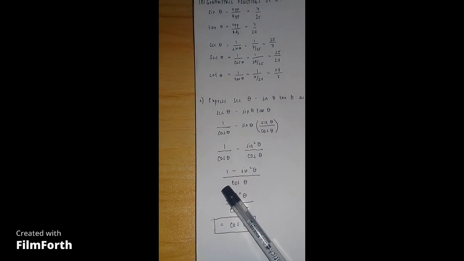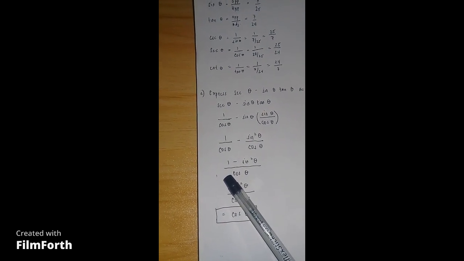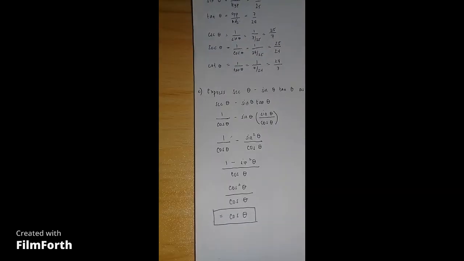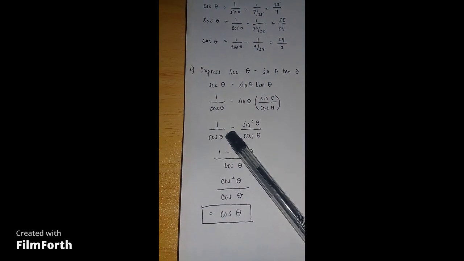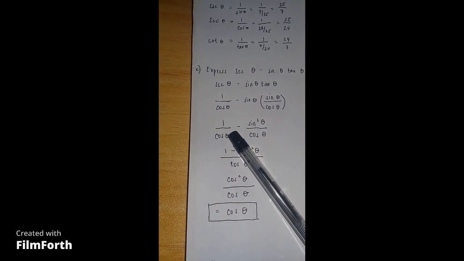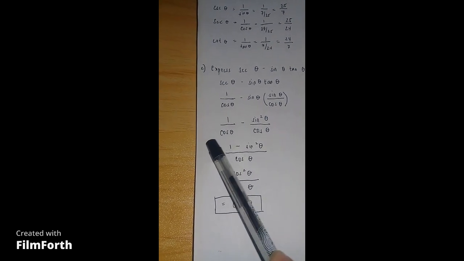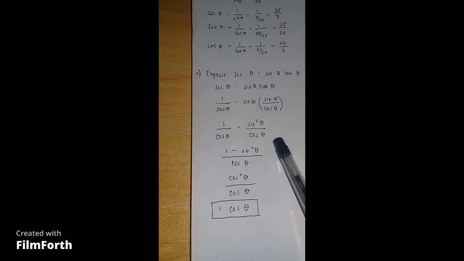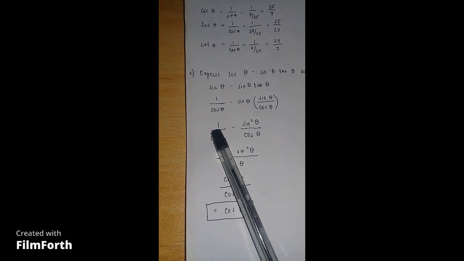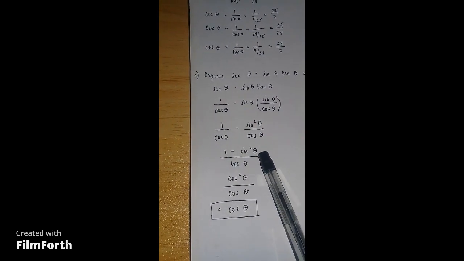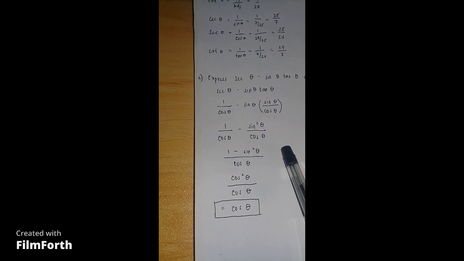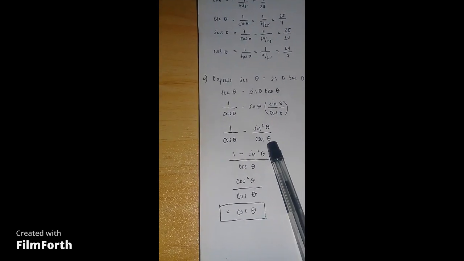So here, cross multiply, so here, copy 1 minus sin squared theta, and then copy the denominator.